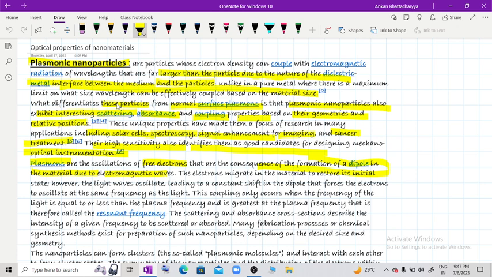You have studied this in the electromagnetic wave paper.